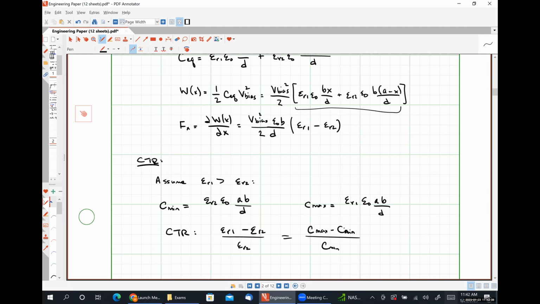It's the exact same relationship, right? So the tuning range of this type of scheme is dependent only on the permittivity difference between the two materials.